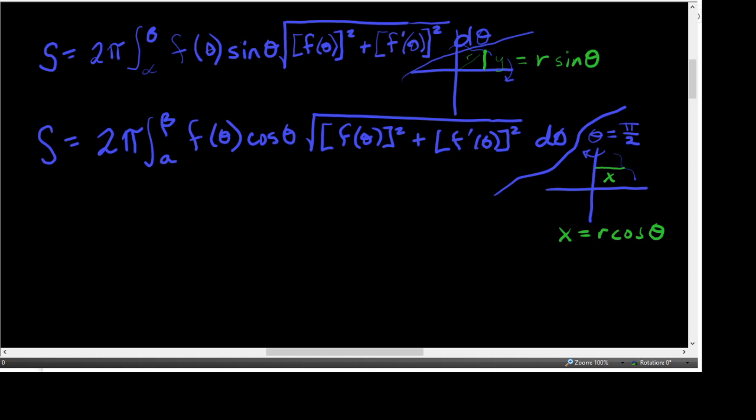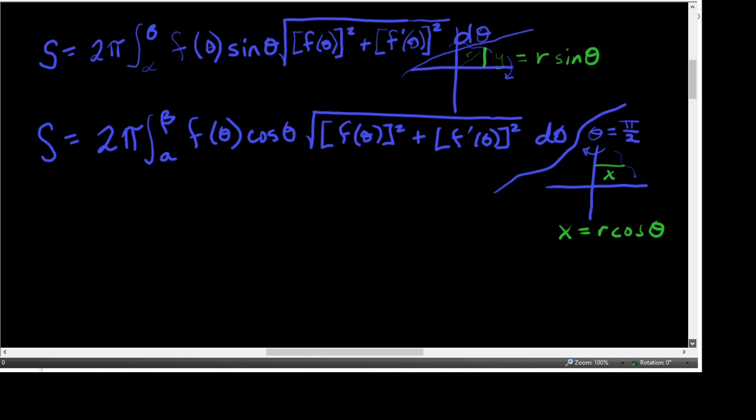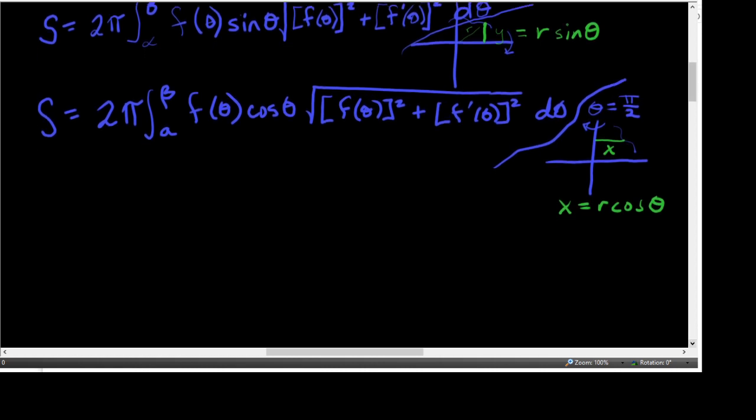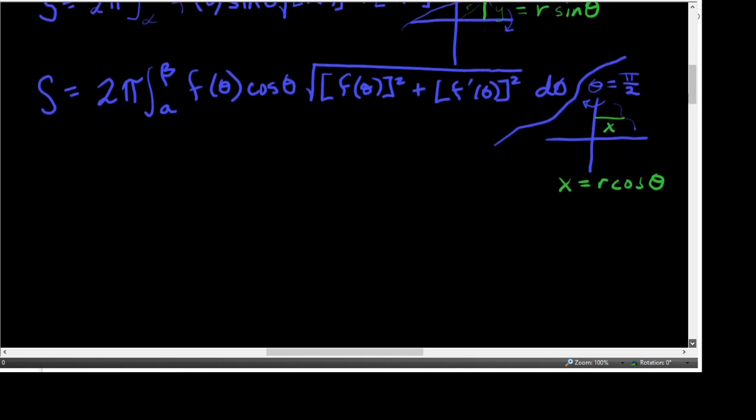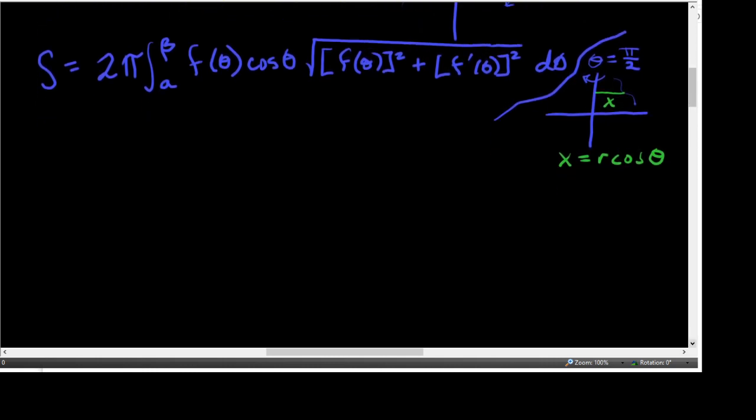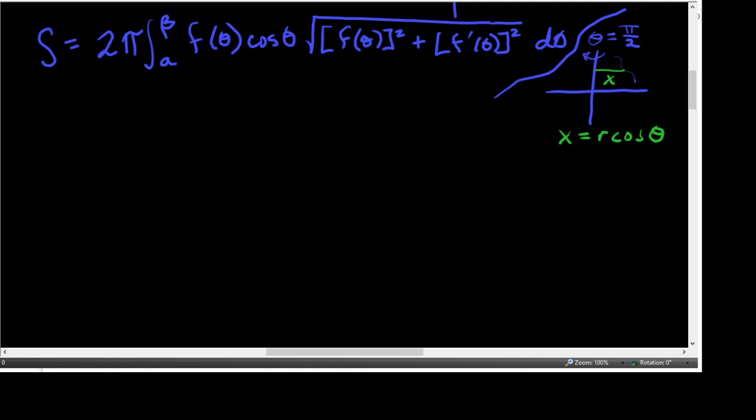Okay, so our example here is find the area of the surface formed by revolving the circle r equals f of theta equals cosine theta about the line theta equals pi over 2. So we've got the graph of that, of course, is a circle with one point on the pole.